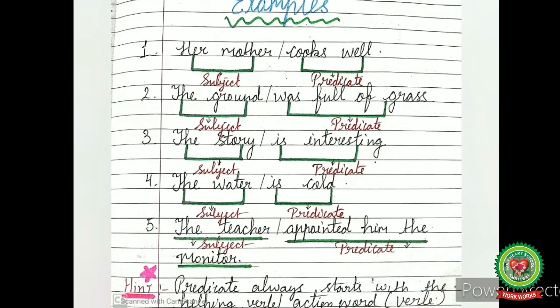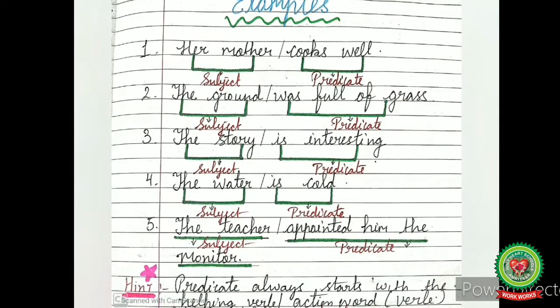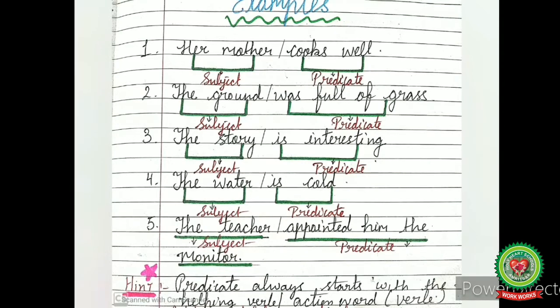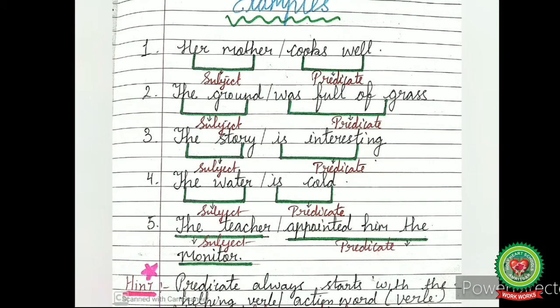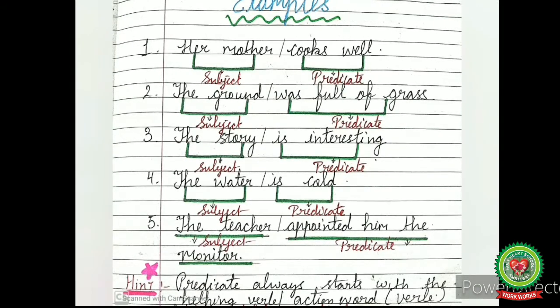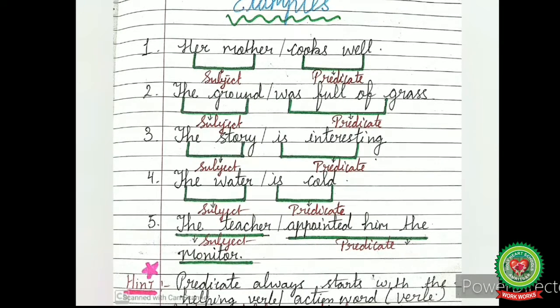Children, here again I want to remind you, predicate always starts with the helping verb or an action word. As you have seen in these examples, cooks, was, is, appointed. In all these sentences, the predicate is starting with the helping verb or action word.